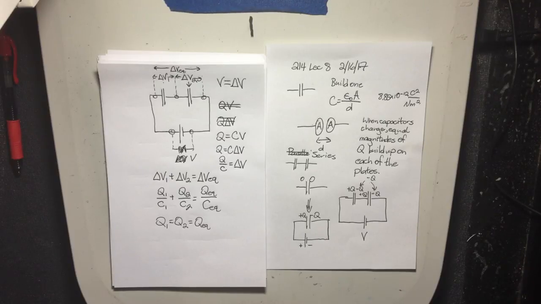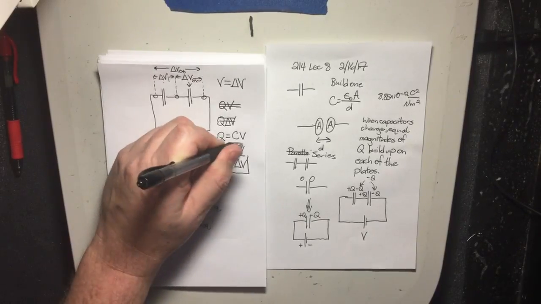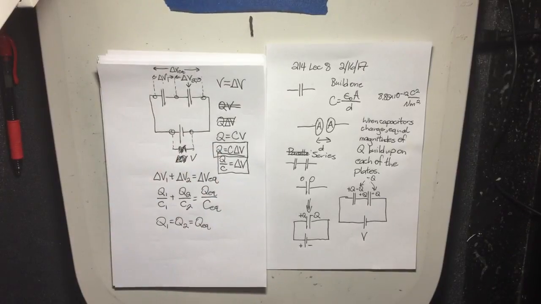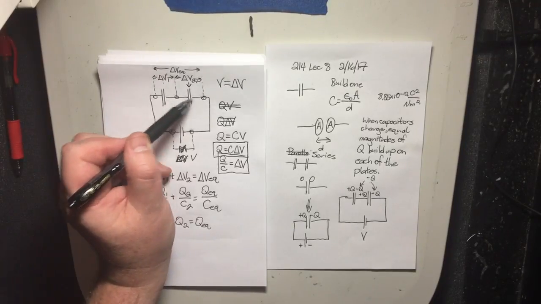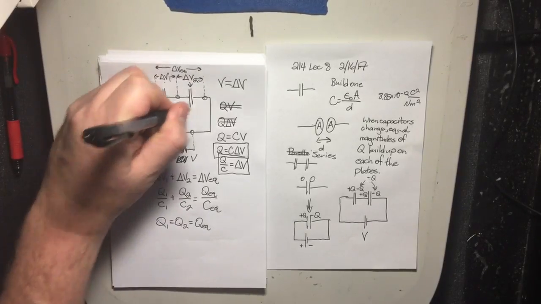In this circuit, V is V like that. So you could write it like this. The total voltage change is V equivalent, the battery. For delta V1 and delta V2, it's the potential drop across capacitor 2 and the potential drop across capacitor 1.